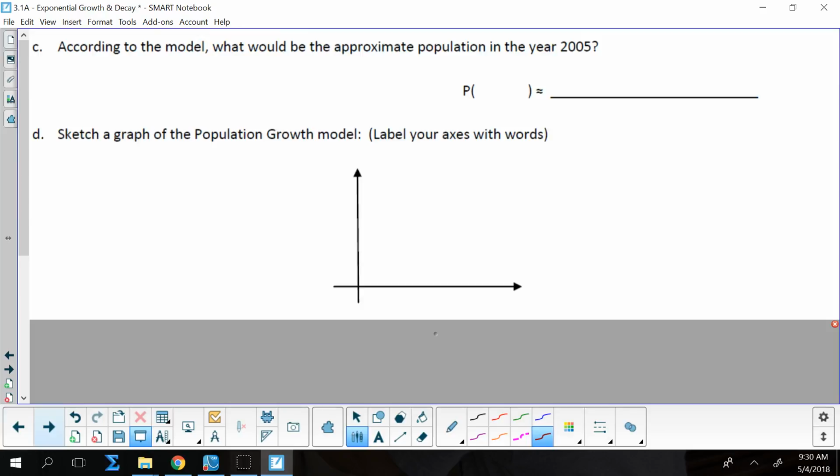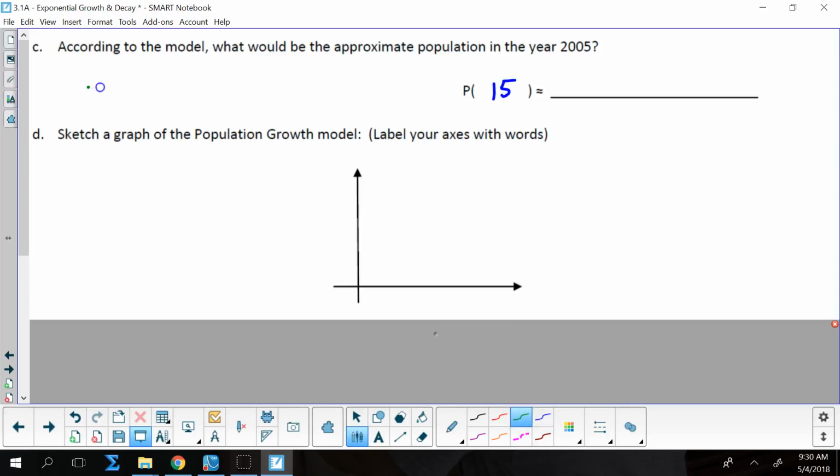According to the model, what would the approximate population be in the year 2005? So how many years after 1990 is 2005? 15. So I'm really finding P of 15.